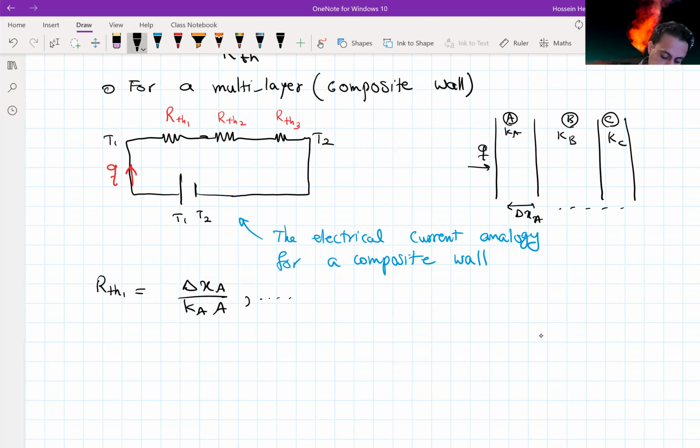If I want to go by this analogy, then we have delta V1 equal to I R1, delta V2 equal to I R2, and delta V3 is I R3. So I'm just considering that there is a potential difference across each of them.